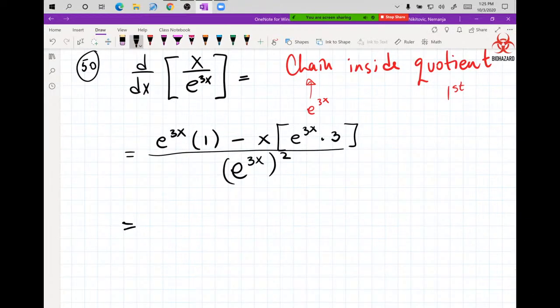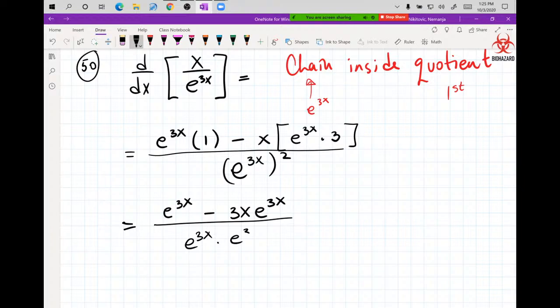All right, so now we're going to say e to the 3x minus 3x e to the 3x. Now, I could write e to the 6x on the bottom, but I'm not going to. I'm going to write this because one of them will cancel when I factor on top.